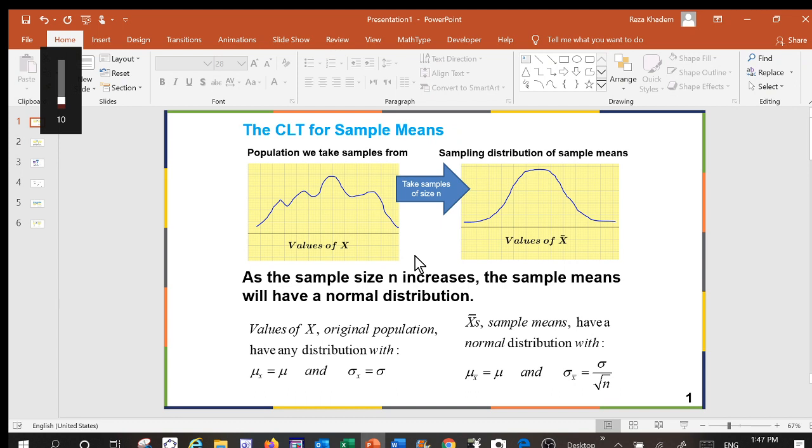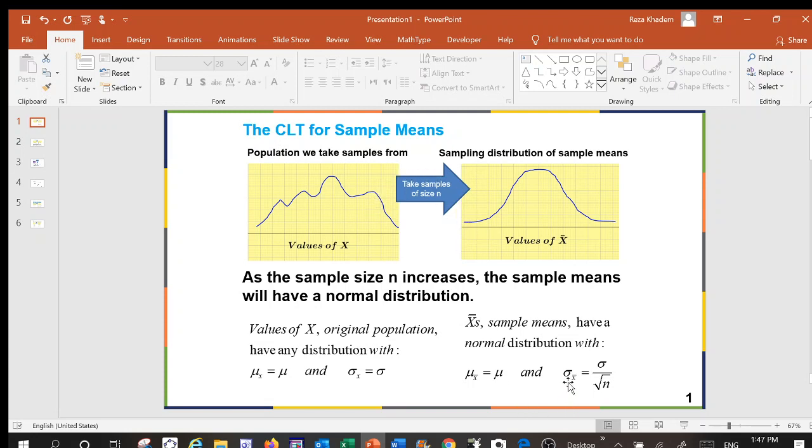The main idea was that if you have a population like this one and you take samples of size n from it and keep doing so, and calculate the mean for each sample, then the distribution of the means of the samples will have approximately a normal distribution, with the same mean as the population that the samples come from.